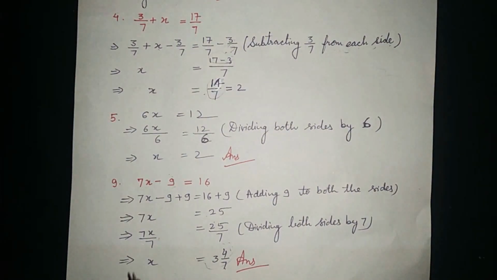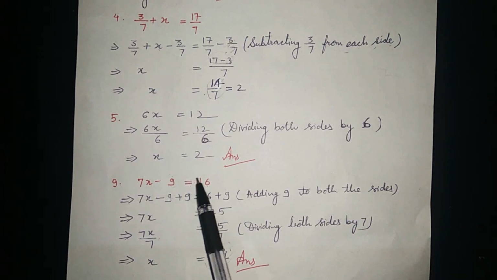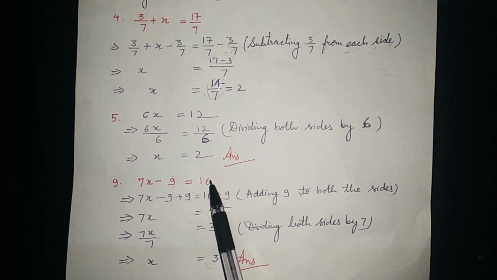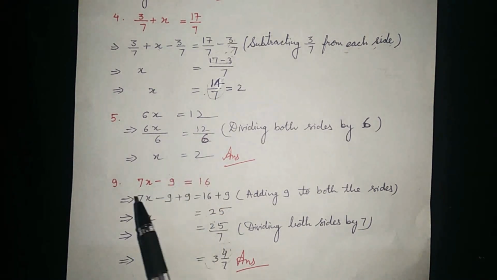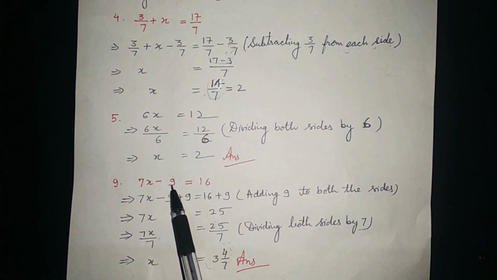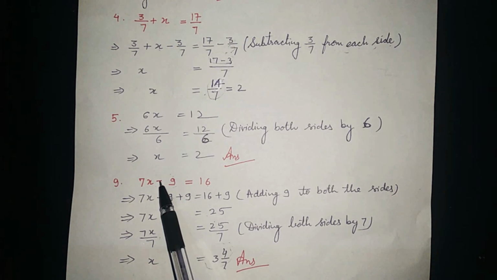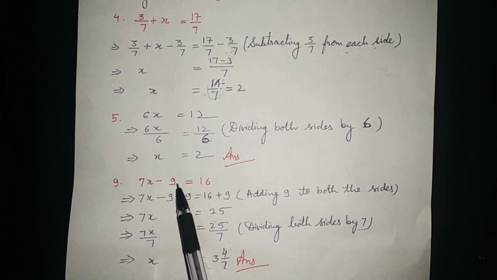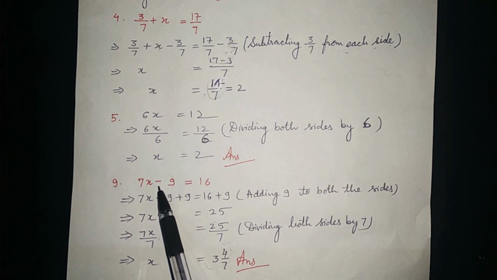Question 9 is 7x minus 9 equals 16. Here we can see this 9 is with minus sign. First we have to eliminate this thing, and after that one more thing we can see in the same question.